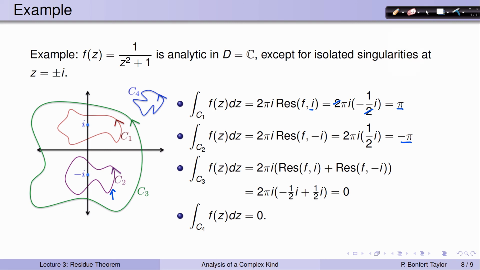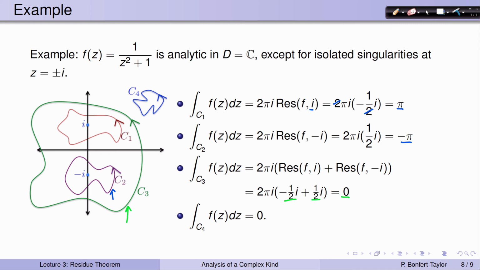Now if I integrate over the curve C3, I notice that curve surrounds two isolated singularities, namely i and -i. So if I integrate around C3, I need to look at 2πi times the sum of those two residues. But the two residues are -1/2 i and 1/2 i, and they cancel each other out. So together I get that the integral over C3 of f(z) dz equals 0.